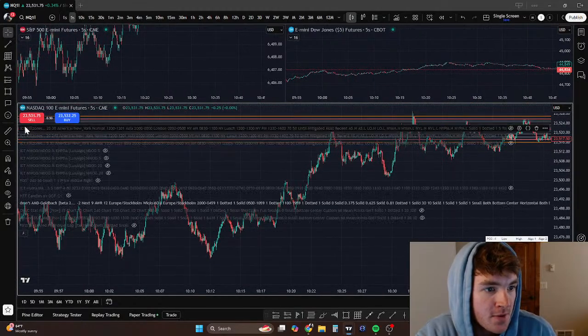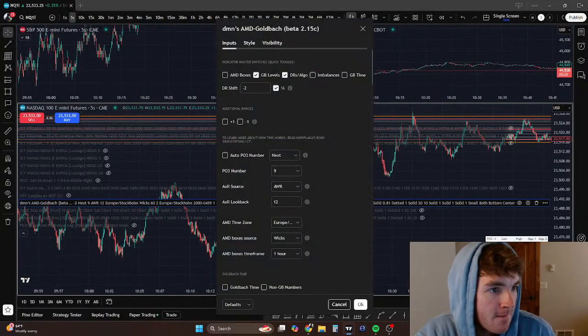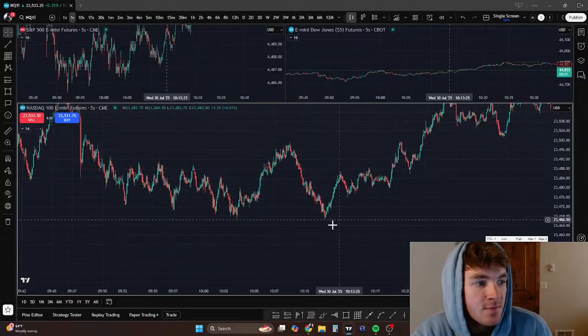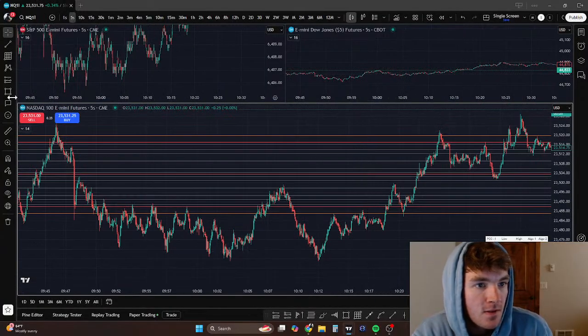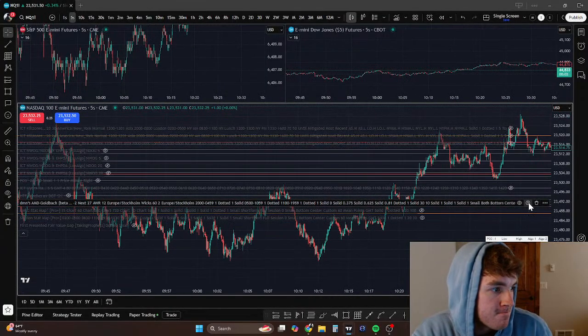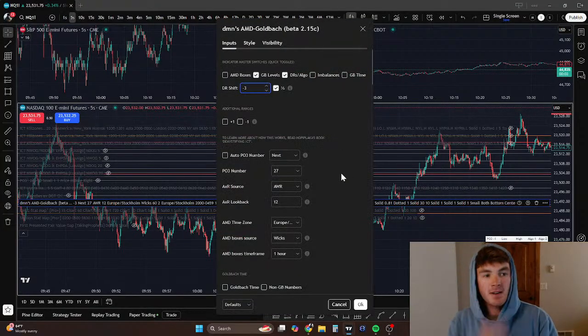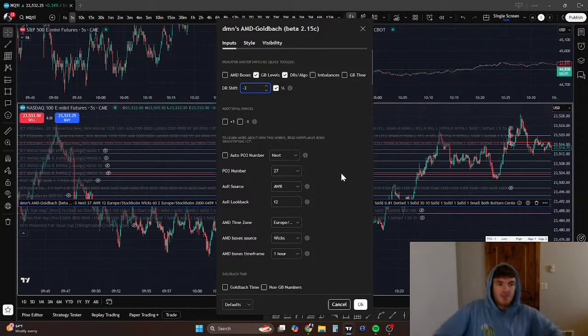Okay, we got to put it on 27, right? But genuinely, it's possible that on these low time frames, it's just low time frame gold block. So AMD runs inside gold block, right? Obviously.